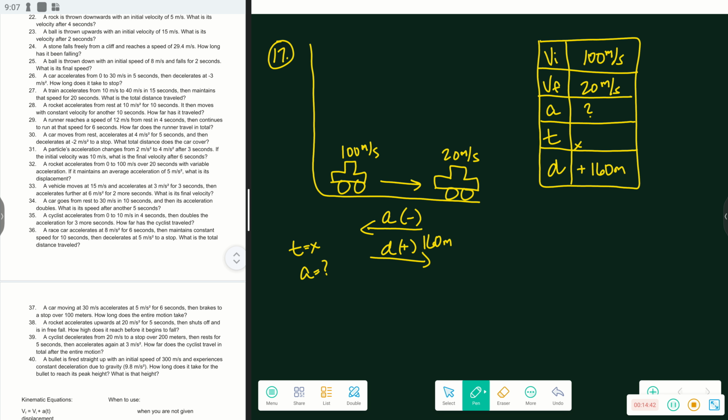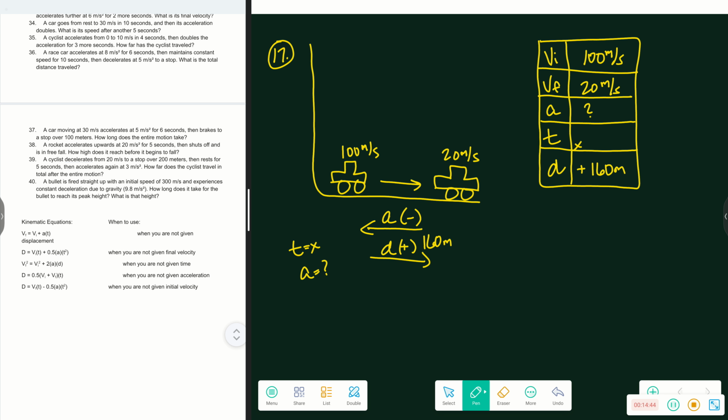Okay, so let's go back to our equations again. When you are not given time, the equation you should use is VF squared equals VI squared plus 2AD.